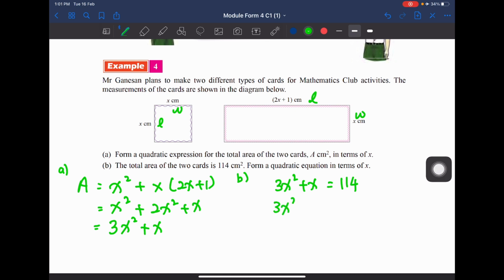So 3x square plus x, bawa ke sebelah, negative 114 is equals to 0. So this is in the form of quadratic equation in term of x. Okay, apa maksud in term of x? Maksud dia semua jawapan kita ada x.